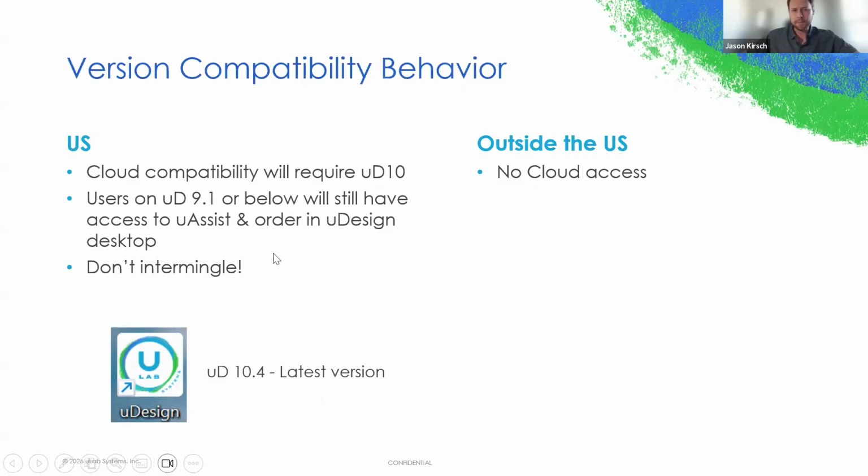If you have not updated to version 10 yet, then you will still be able to access the cloud, but your cases are not going to sync back and forth between your desktop version and the cloud version. So it's very important that you're on version 10, just so you see the same cases, the same statuses, everything's syncing the same in your desktop version as well as in the cloud.